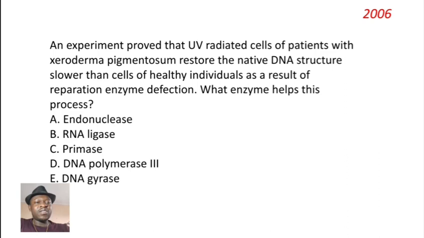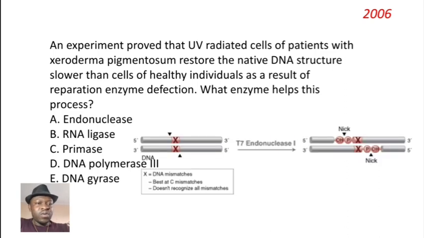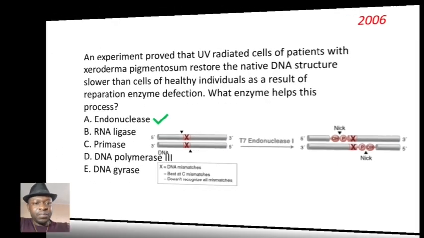So what's the enzyme? Look here, this presentation is showing you on X where you have your DNA mismatch. You need to cut it. For cutting it, you need endonuclease, right? So that's the answer, endonuclease activity for reparation.